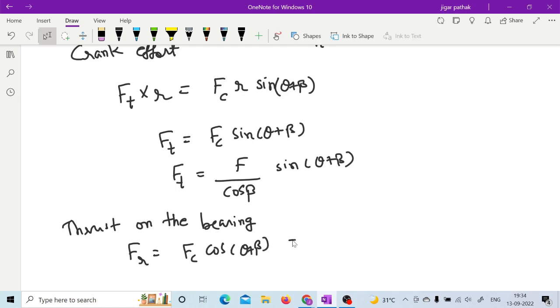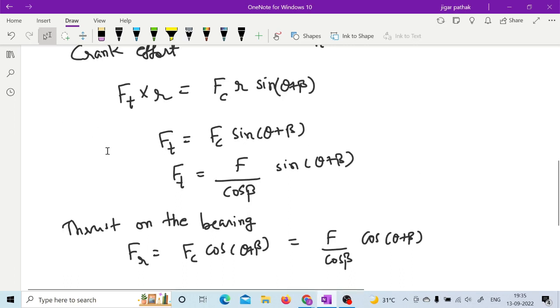So from the geometry it will be clear that Fr is equal to Fc cos theta plus beta, where again Fc can be written as F upon cos beta, right? So this is how you can have forces acting on your engine while it is under working condition. So this is how you can calculate thrust on the bearing with the piston effort and the angles beta and theta.